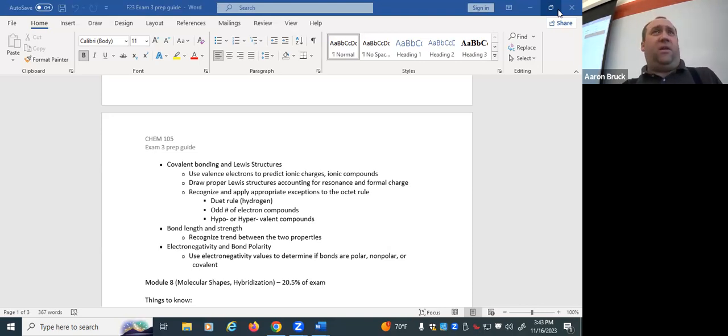It's far more likely we're going to see something that has a steric number of 5 or 6 than it is that we're going to get an aluminum compound that is anything but ionic. Other things that we want to talk about, get out of the way.